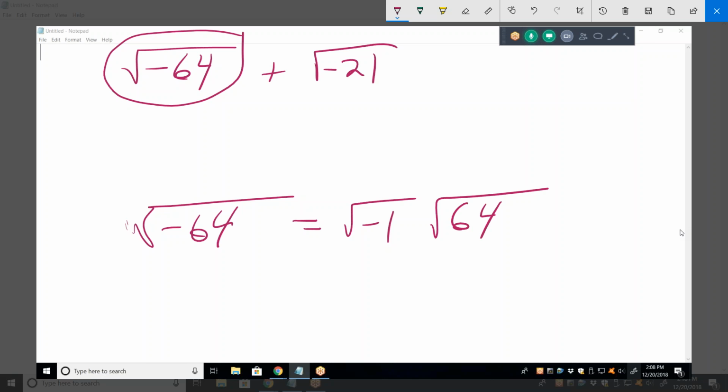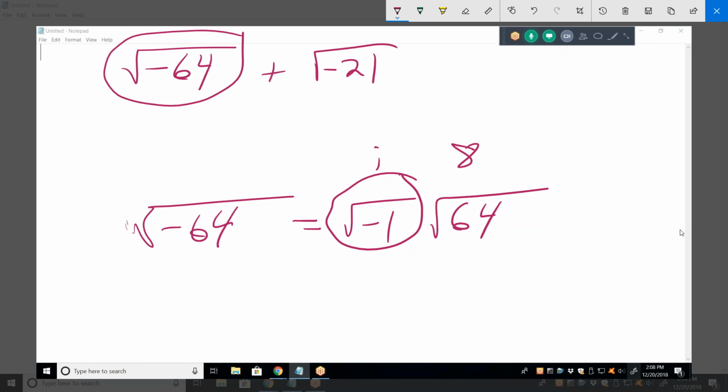That is a true statement. You can always take radicals and separate them into 2 steps like that. And that is equal to what? What's the square root of negative 1 equal to? That is i. What's the square root of 64 equal to?